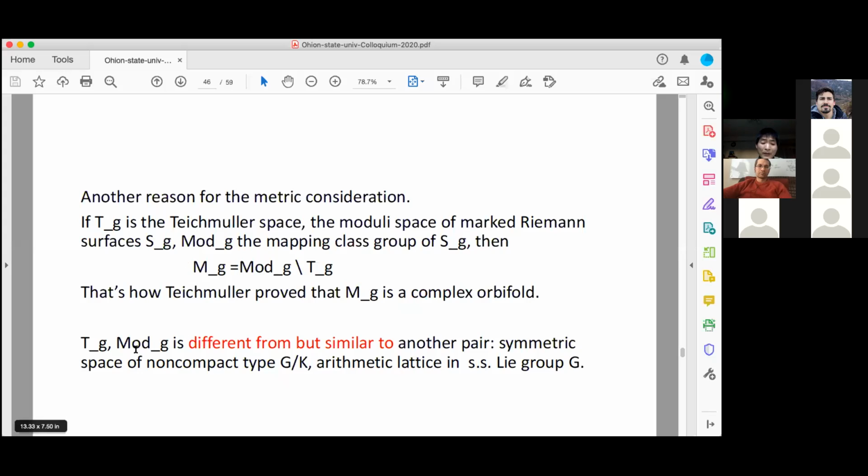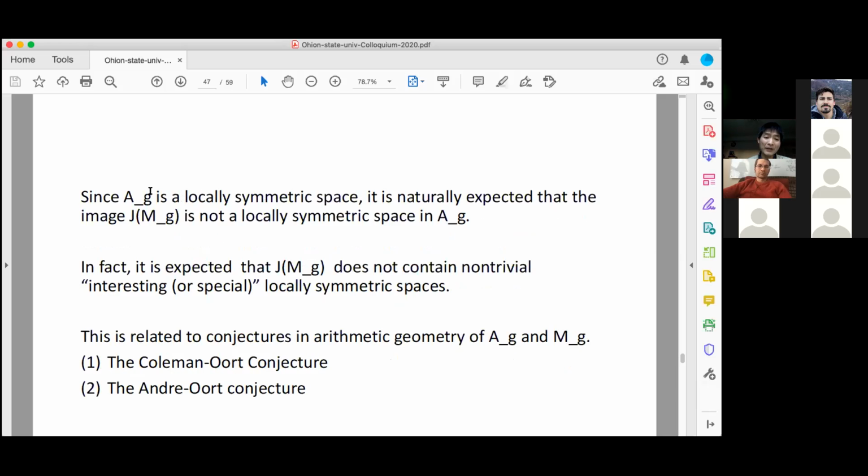Now, a lot of work has been done to show the Teichmüller space is different but similar to a symmetric space of non-compact type, and the mapping class group is similar but different from arithmetic lattices in semisimple Lie groups. Since AG is a locally symmetric space and Mg is not, it's natural to expect that the image is not a locally symmetric space in AG. In fact, it's expected that the image does not contain any non-trivial special locally symmetric subspaces.